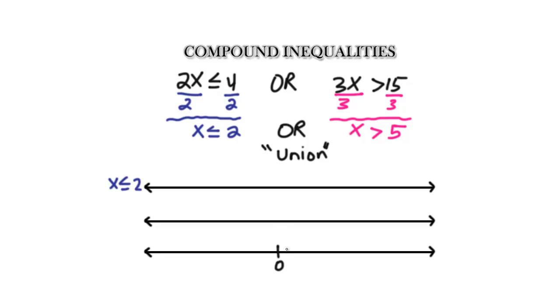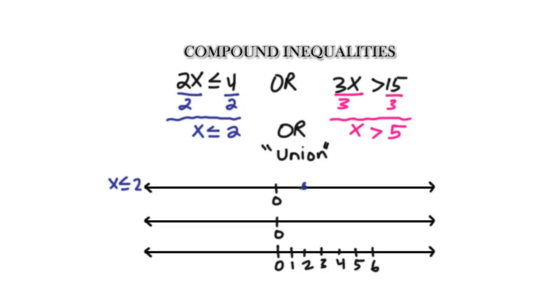So here, let's mark off our number line. 0, 1, 2, 3, 4. I think 6 will be enough. Actually, let's mark off the 0; I like to do that. And x is less than or equal to 2, so we'll go to 2.